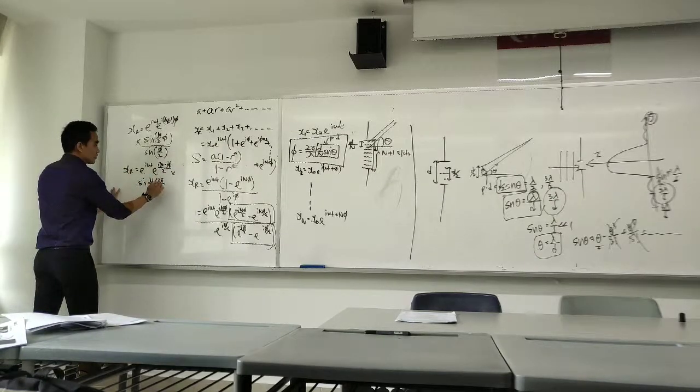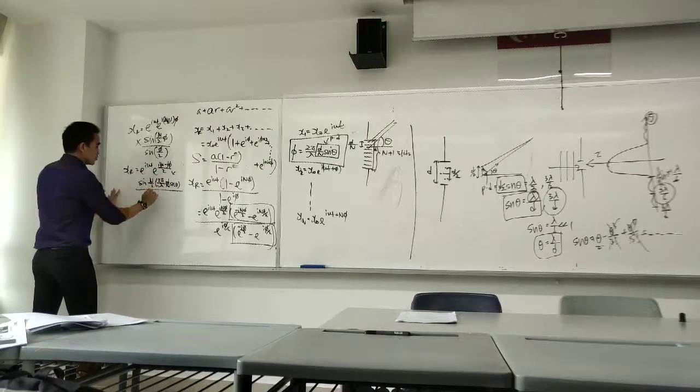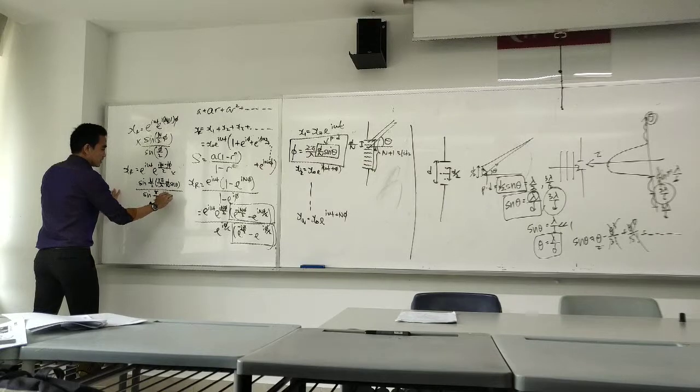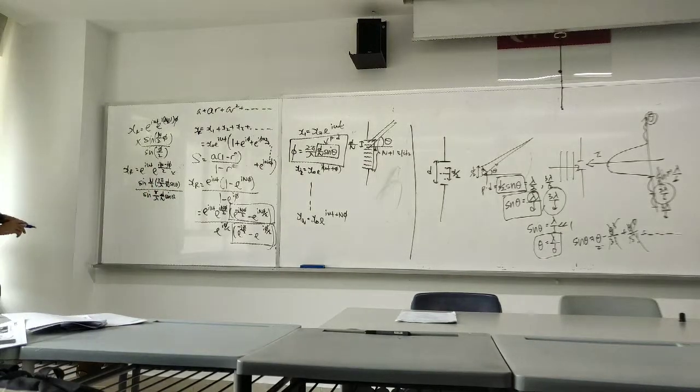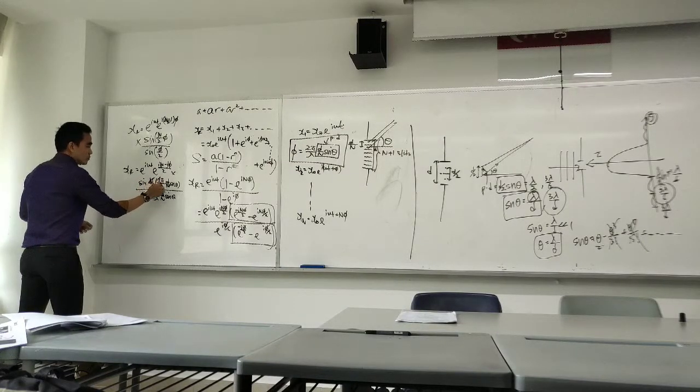2 pi upon lambda d sine theta, divided by sine of phi upon 2, which is going to be pi upon lambda d sine theta. Quite a nice thing.